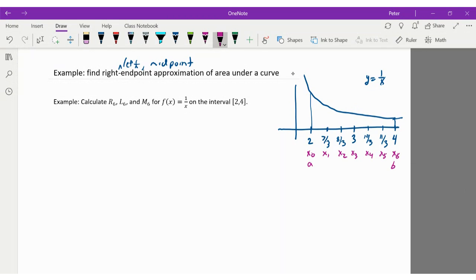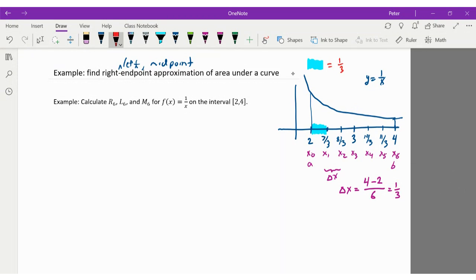It's also the case that the distance between any 2 of those points is delta x, where delta x is the length of the interval, b minus a over n, which equals 1/3. So each subinterval has a width of 1/3. So every rectangle we draw is going to be 1/3 in width.